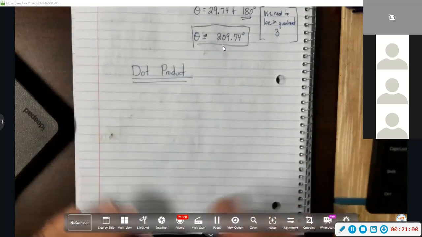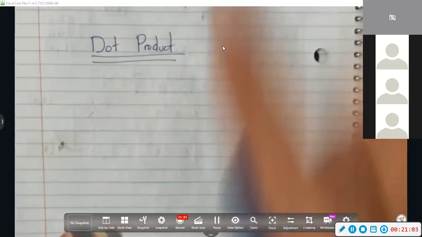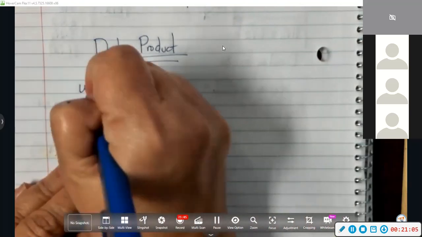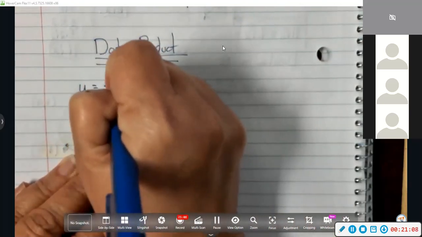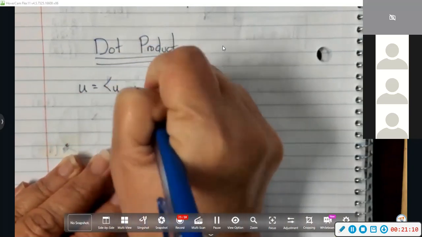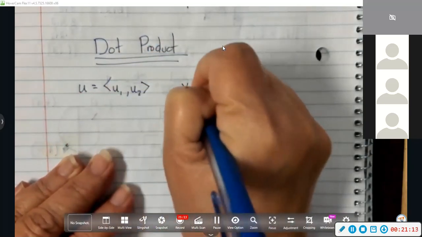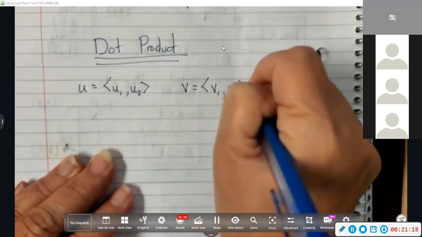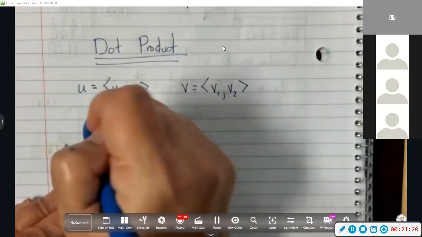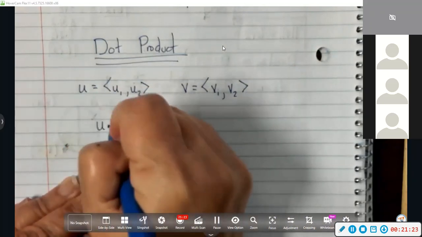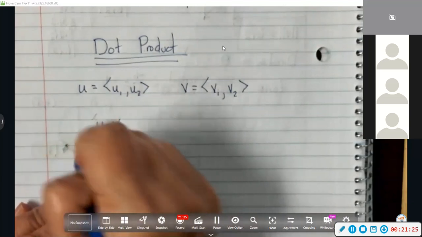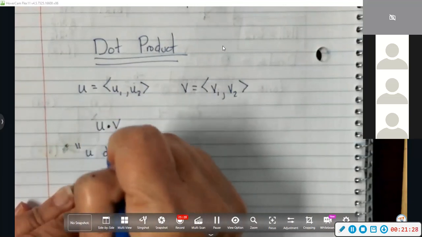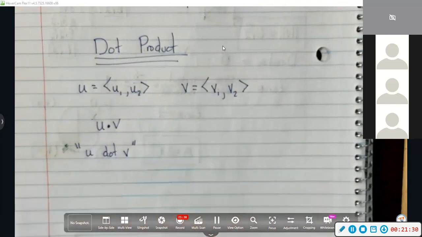All right, so how do we do a dot product? If I have vector u given in component form, u1, u2, and I have vector v given in component form, v1 and v2, and I want to do u dot v. That's the way we say that. We say u dot v. So that's the name of the operation. Dot is being used as a verb.